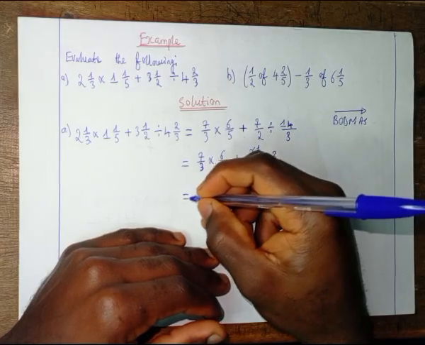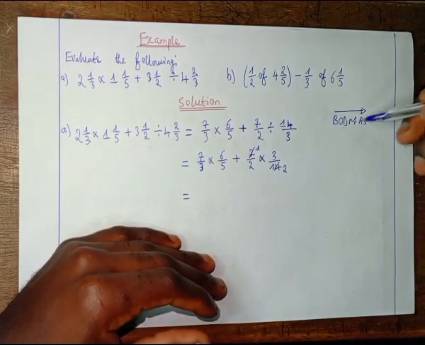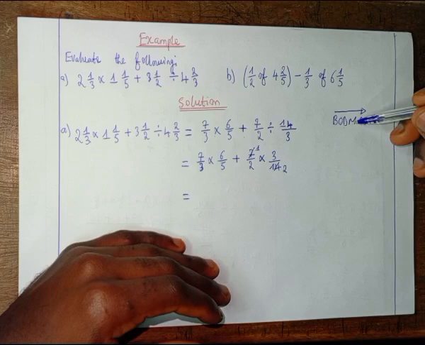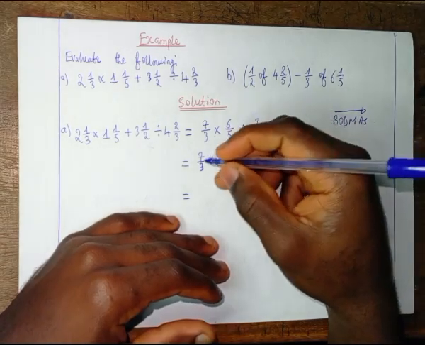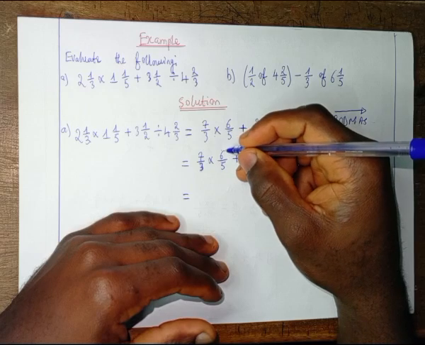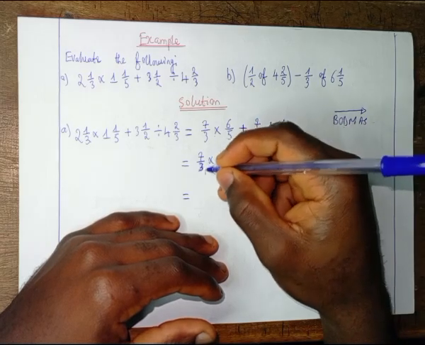So this will give us the next step says we can perform now multiplication. Here you see that we can simplify. 3 will go into 6 here 2 times. 3 will go here 1 time.